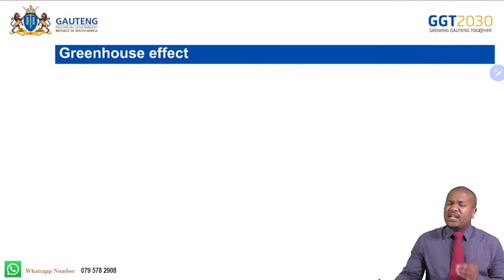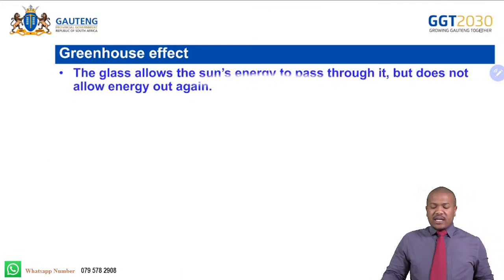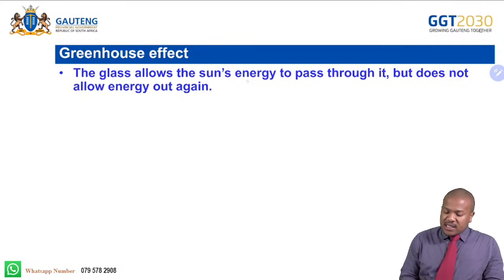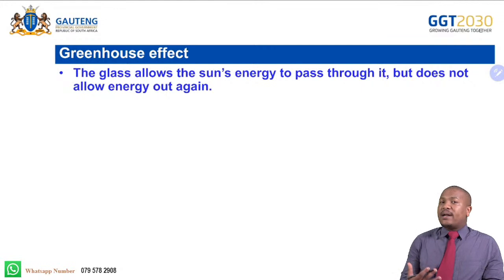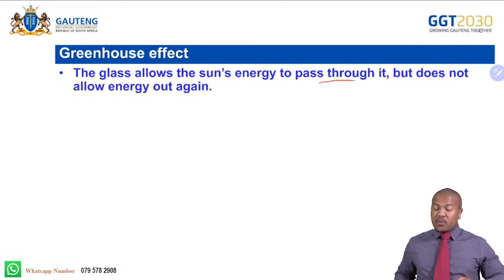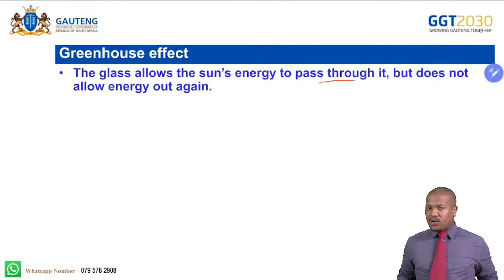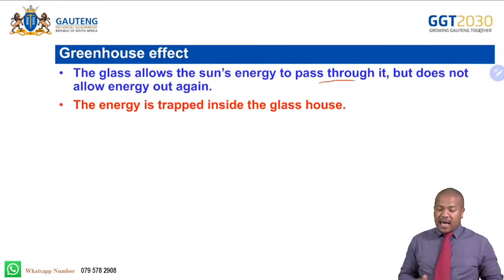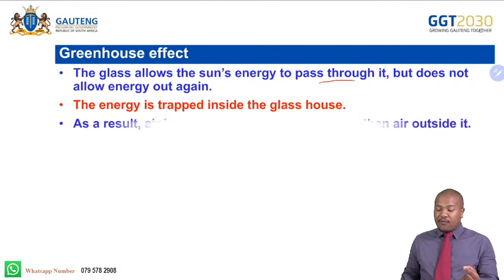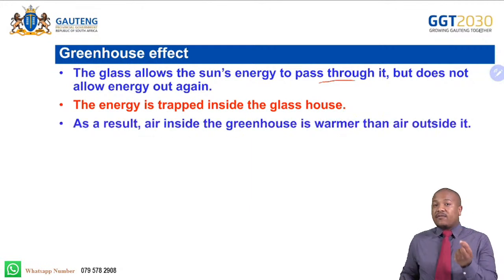So moving on, greenhouse effect now. The glass allows the sun's energy to pass through it. As you can see, the glass is transparent, so it is able to allow the sun's rays to pass through it, but does not allow the energy to get out again. Are we together? So the glass is there to trap the energy inside, so that the plants have enough warmth and enough heat and light.